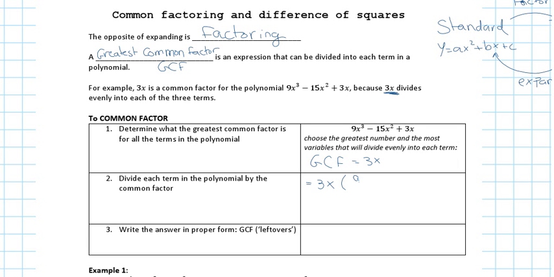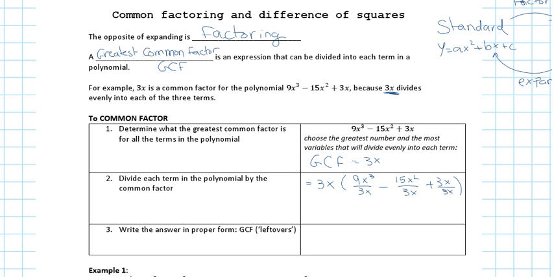You feel free to show me that step if you want. Each term is going to be divided by the greatest common factor. So we put the greatest common factor outside and divide each term by that greatest common factor. Are we okay with this?